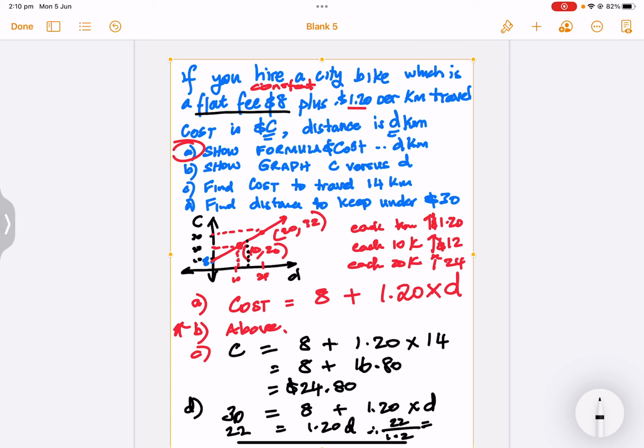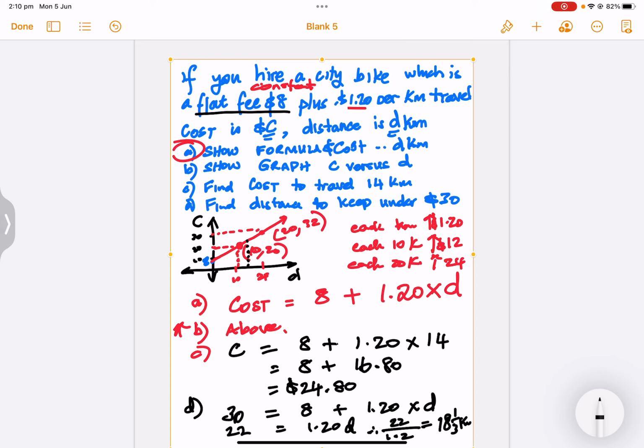I'll do that on the calculator. 22 divided by 1.2 gives 18.3333. So we have to keep it under 18 1/3 kilometres.